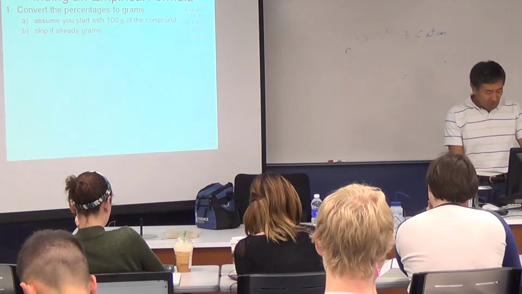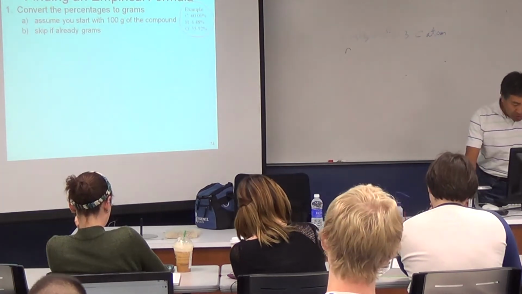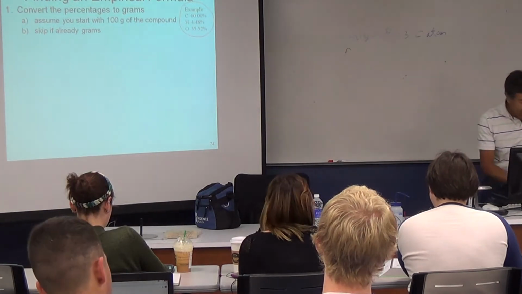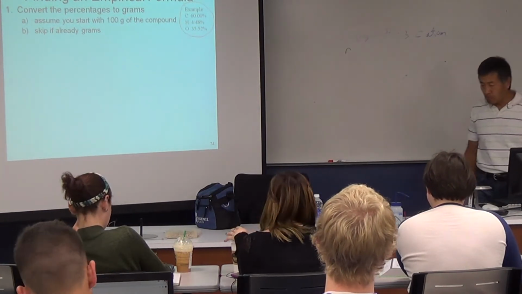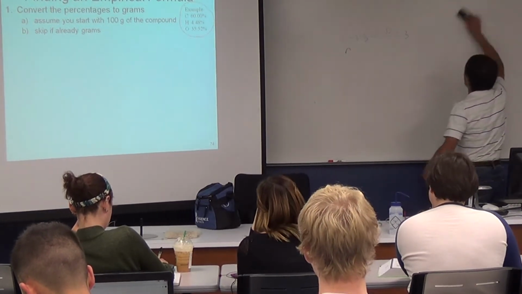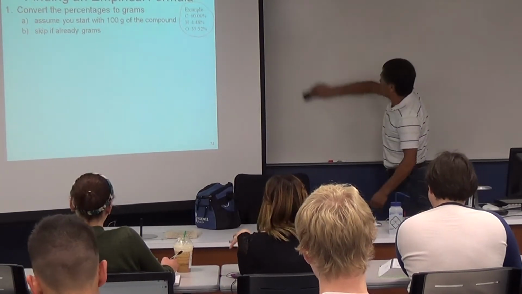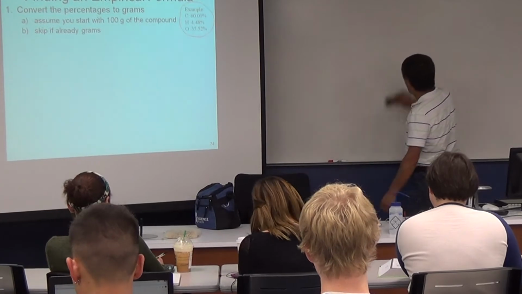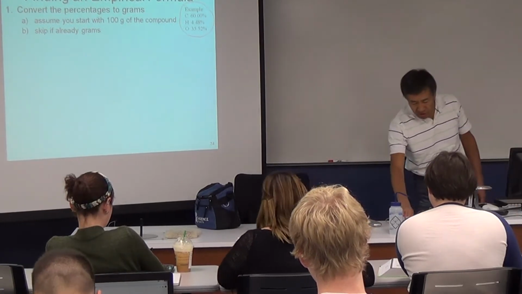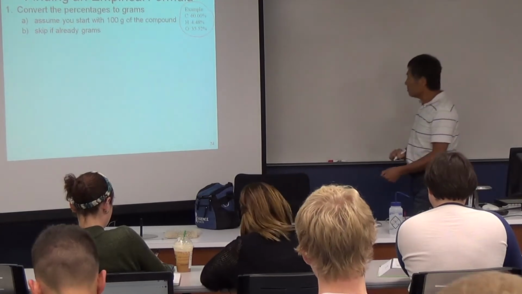And if you have the mass percent, you assume you have 100 grams of the compound. I will write the steps on the PowerPoint, and then I will do the practice on this board.